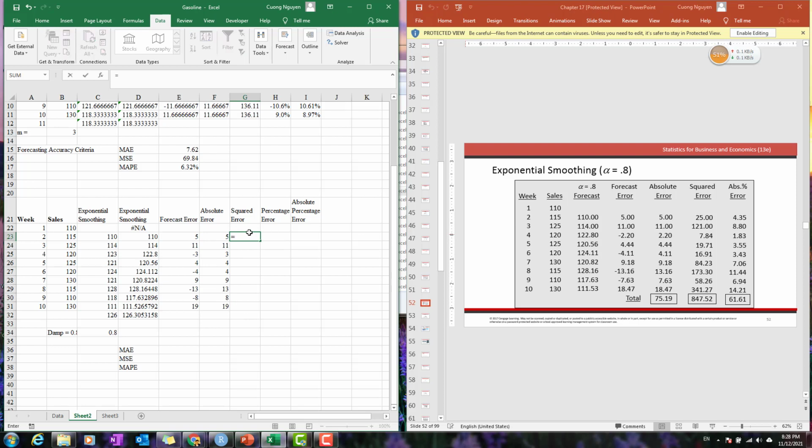Squared error, that means based on the forecast error, and then square it up. This is how it looks. Okay, percentage error, the forecast error over the actual values. Alright, and last one, absolute percentage error.